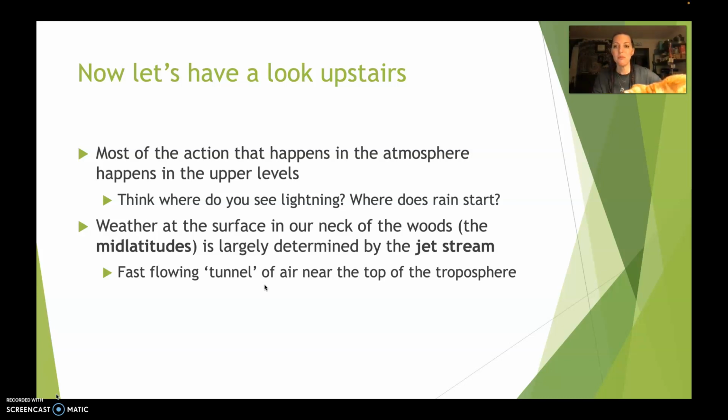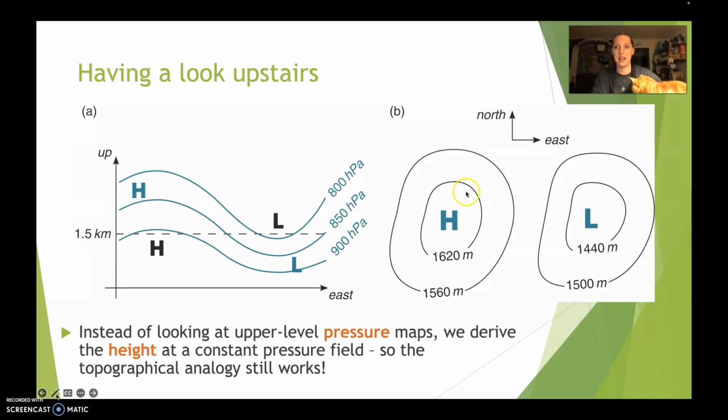So what I mean by that, again, kind of going back to this idea here. Instead of at the surface, where we look at surface pressure and say all these different pressures, when we look at the upper level pressure maps, instead of literal levels, like we're not looking at the 1.5 kilometer level, we're actually looking at the 850 hectopascal level, this line right here.